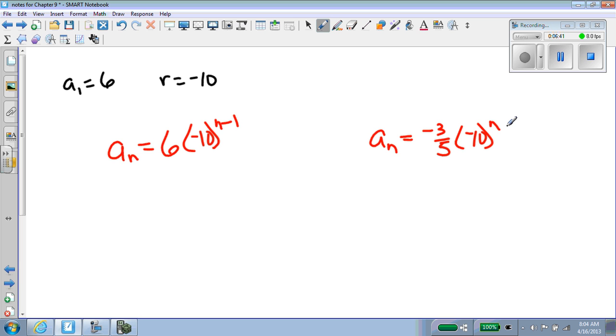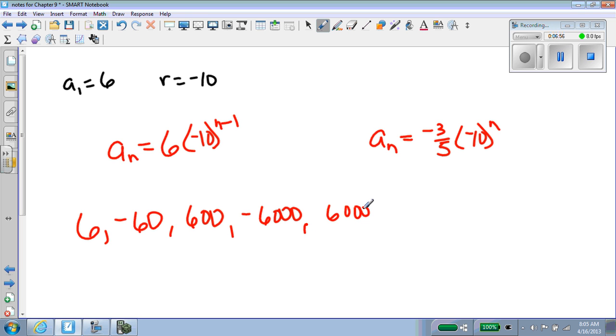And let's take a look at what these terms would look like as they started out. It would be like 6 times negative 10, negative 60, times negative 10, 600, times negative 10, negative 6,000, times negative 10, 60,000. So we see that the terms are going from positive to negative to positive to negative, because our base is a negative number.